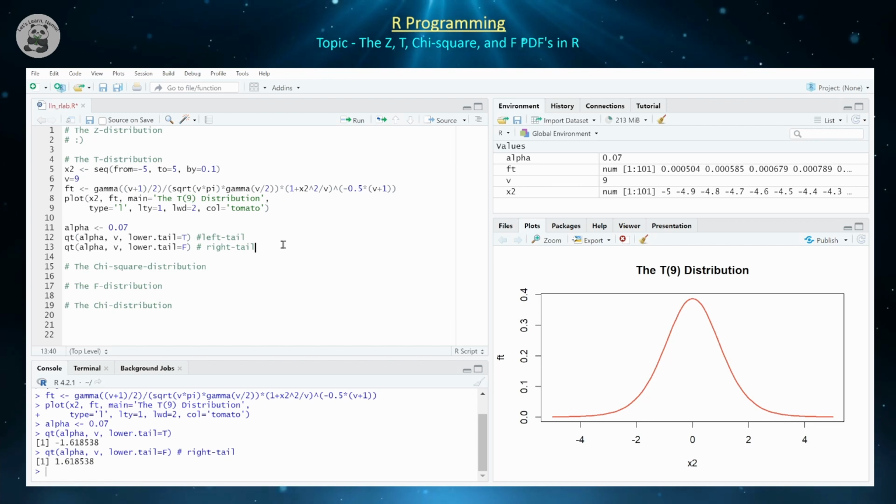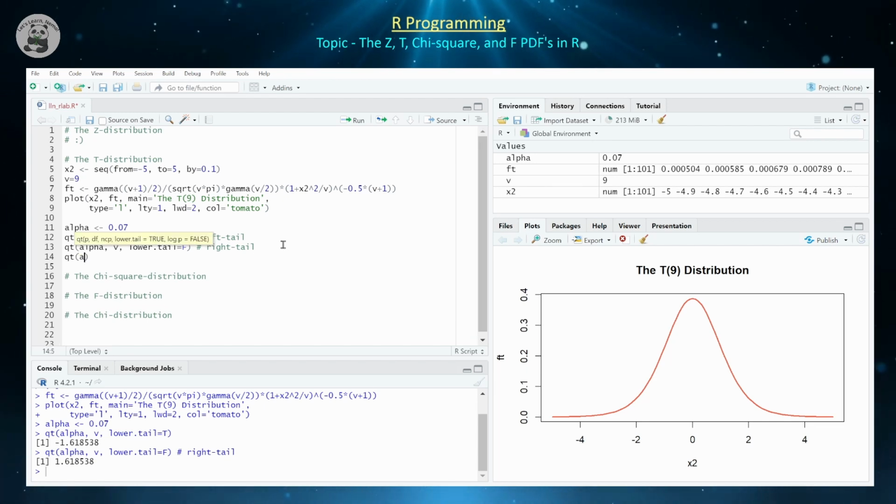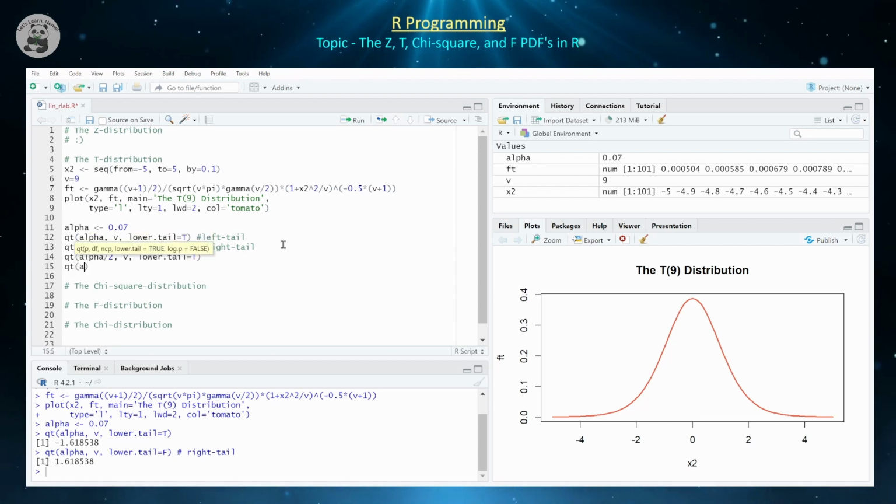And then we have our qt alpha over 2 nu lower tail equals true, and our qt alpha over 2 nu lower tail equals false. So this is going to be our two-tailed test, the lower one. And then this is going to be our two-tailed test, the upper one, right?